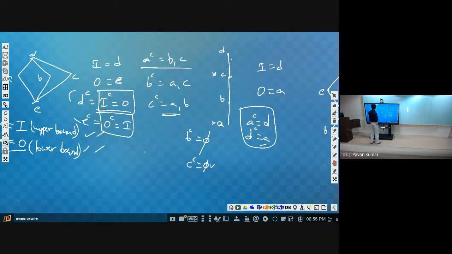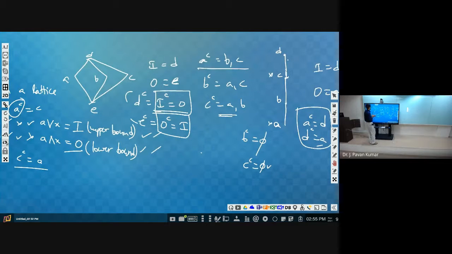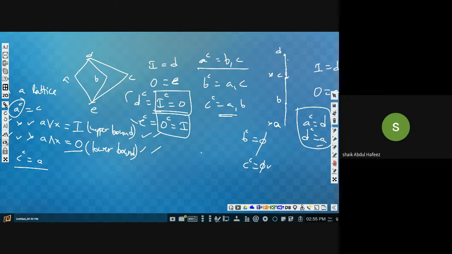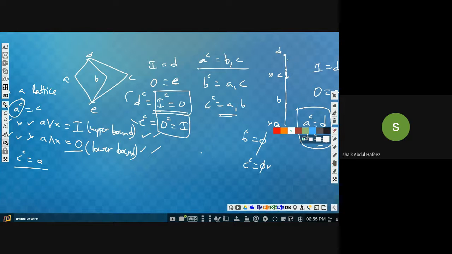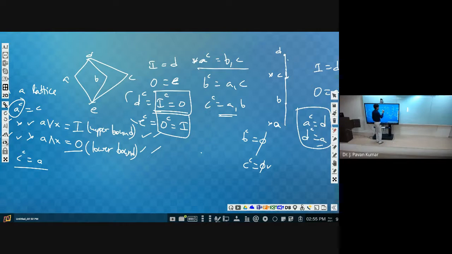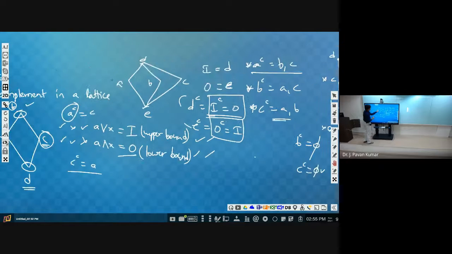Next, consider this one. Now, is this a distributive lattice? No. Why? Because A complement contains two complements, B, comma C. A complement contains 2, B complement contains 2, C complement contains 2. So it is not distributive. It is violating the property. Next, consider another one.